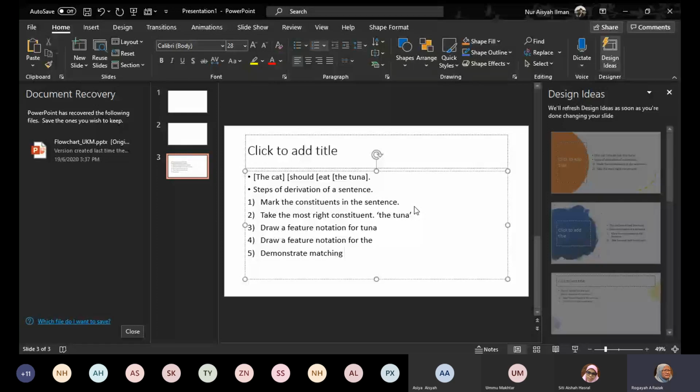Matching of features by drawing arrows. Kita tengok dalam buku teks tadi kan. We have arrows to show match. And then we say, okay, after we match, we check. Do checking.